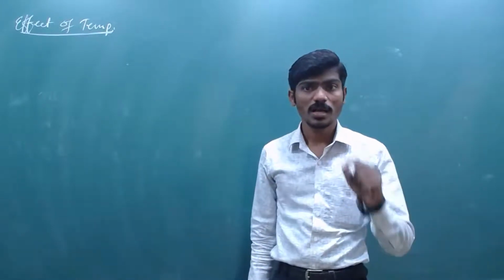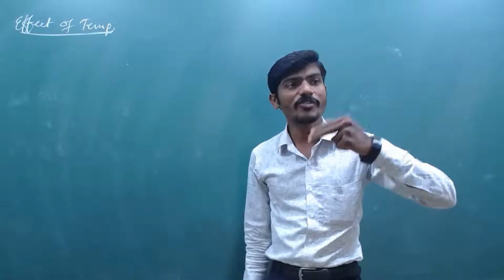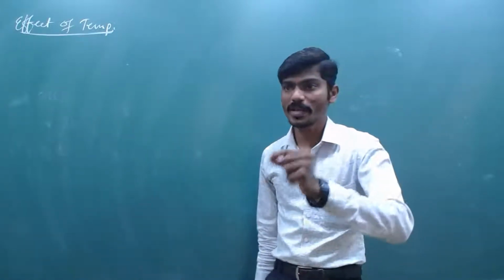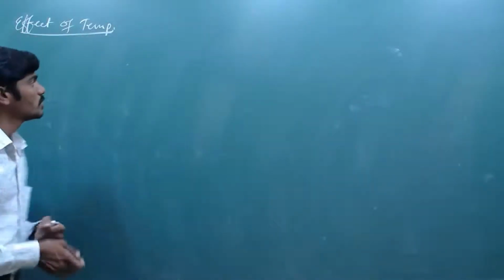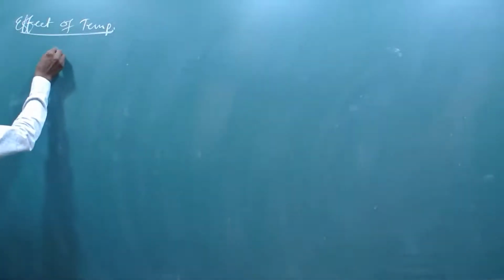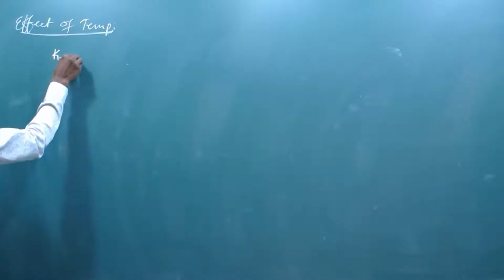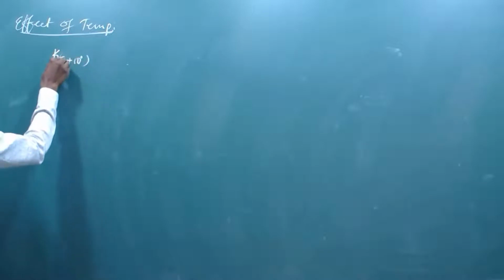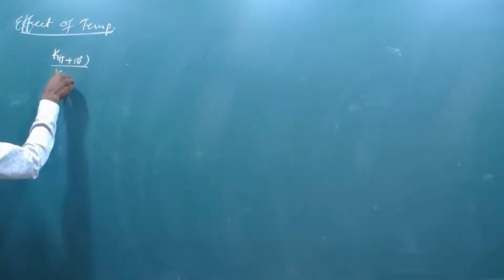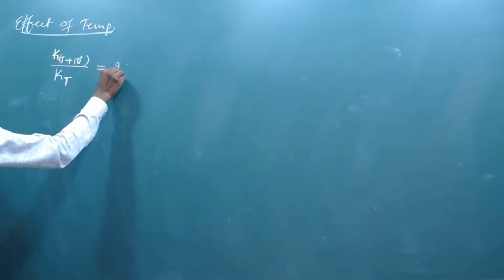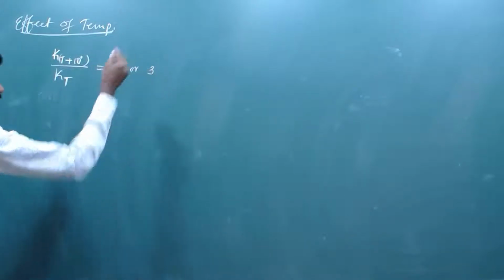That is, the rate of a reaction nearly doubles or triples when the temperature is increased by 10 degrees. The rate constant at temperature T plus 10 degrees divided by the rate constant at temperature T degrees Celsius is nearly equal to 2 or 3.